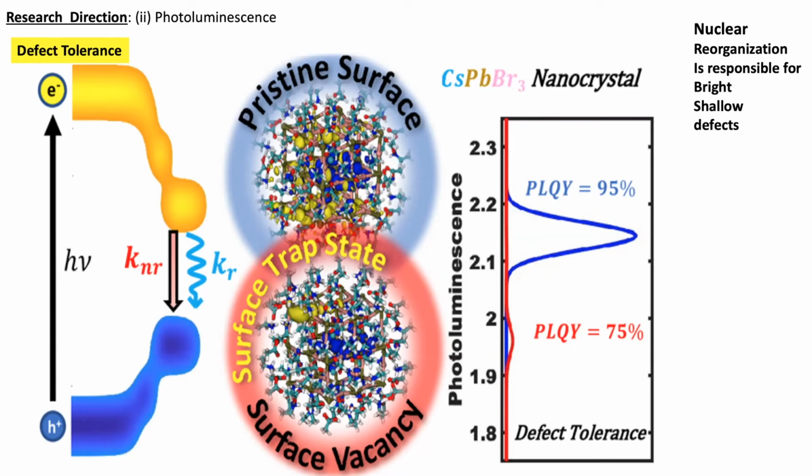And in this material, according to calculations, it's yet to be compared with experiment, but it looks like that even in presence of a defect, the quantum yield of photoluminescence is quite high. And hypothetically, it is related to polarization of this material, and it can be verbalized as defect tolerance.